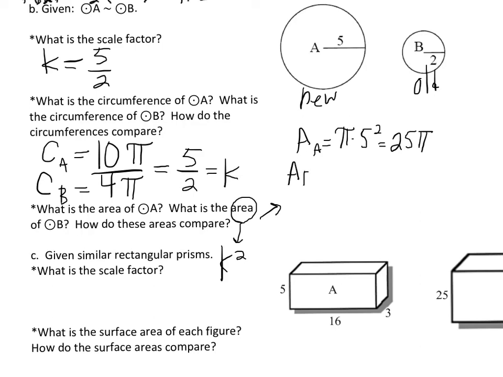And area of B equals pi r squared. That'll be 4 pi. One over the other, get rid of the pi's, and I don't think I can simplify 25 and 4 anymore. But that works out well because that is in fact our k squared, because we have 5 squared over 2 squared.